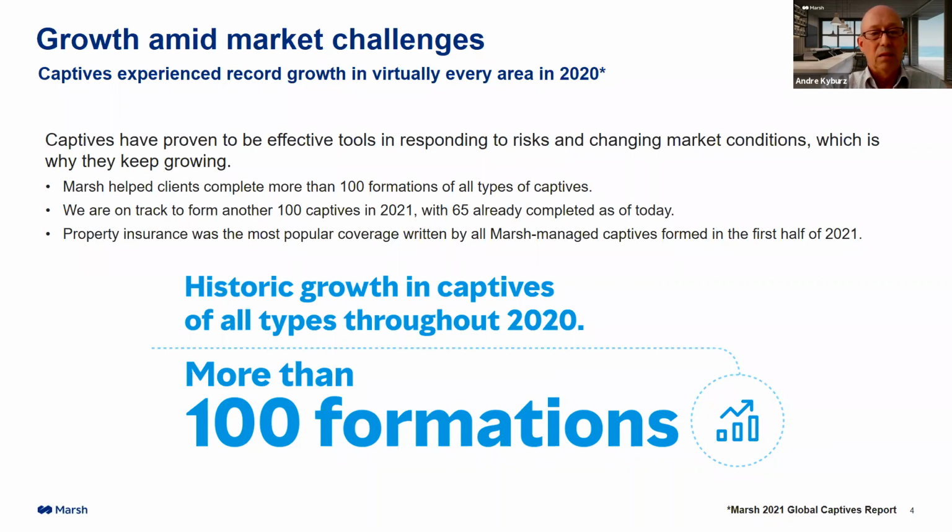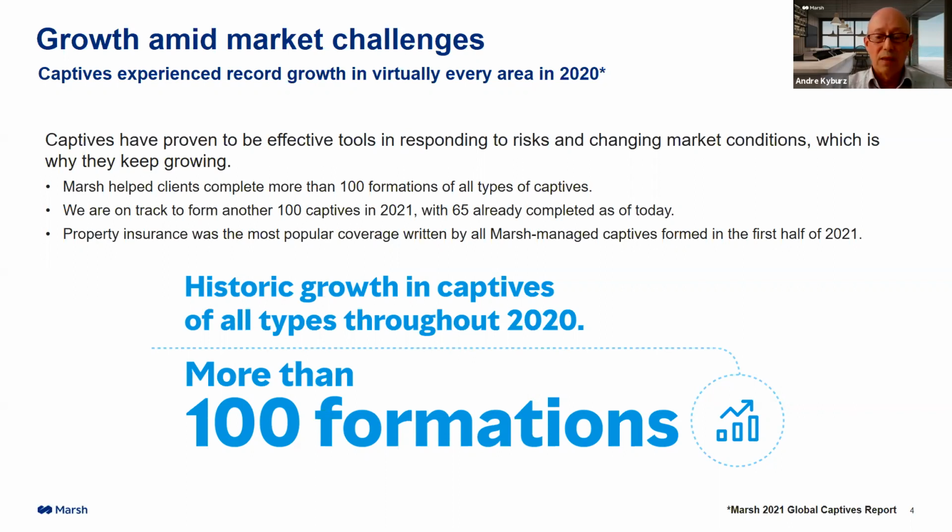And in the early months of this year, mostly captives were formed for property insurance. And I think that's nothing extraordinary, because obviously property markets have gone up, capacity has retracted, and that's one of the outcomes of it.